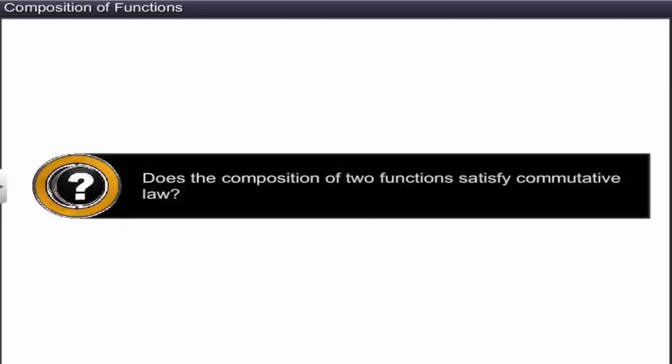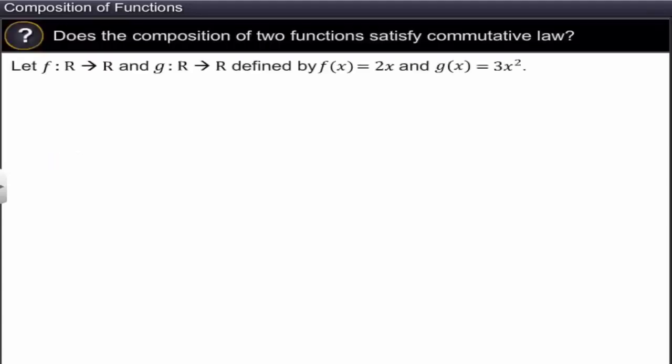Does the composition of two functions f and g in different order affect the result? In other words, does the composition of two functions satisfy commutative law? Let's see. Define functions f and g from R to R such that f of x is equal to 2x and g of x is equal to 3x square.